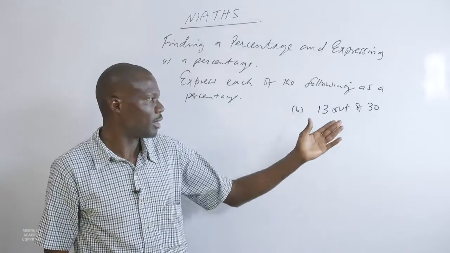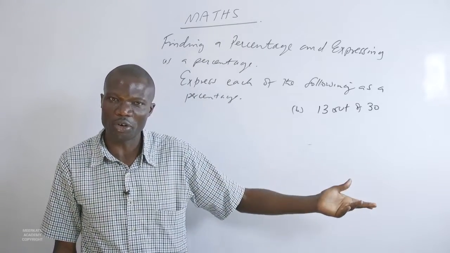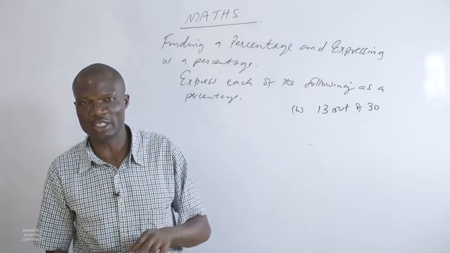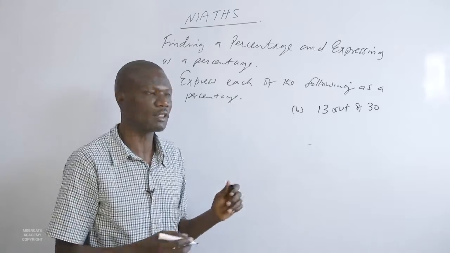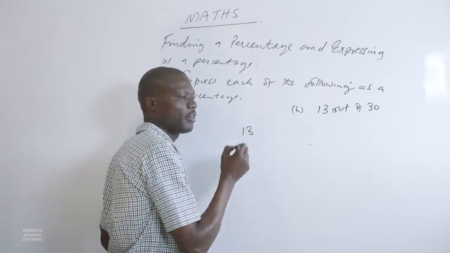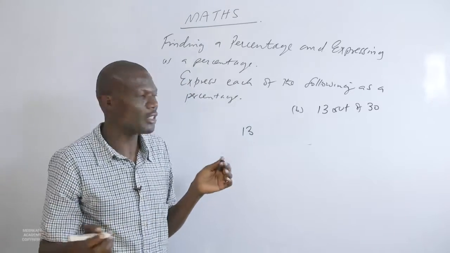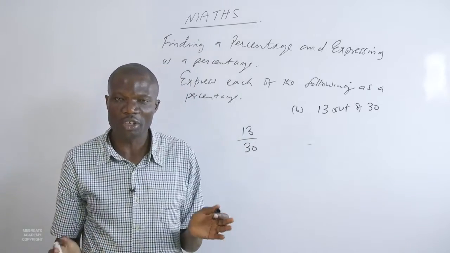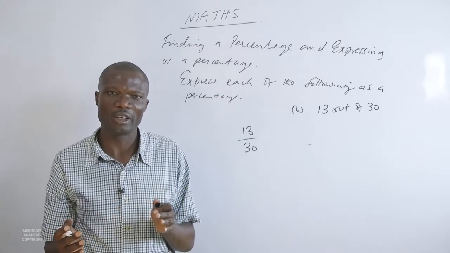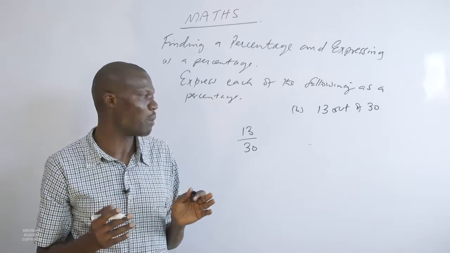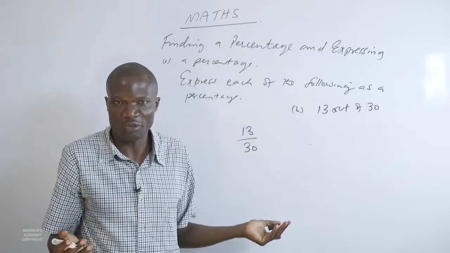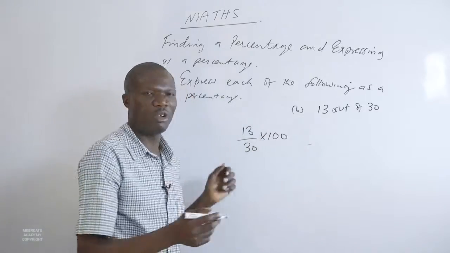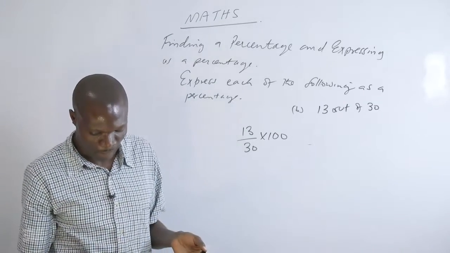For the second part, 13 out of 30. What is the part of the whole? Part of the whole is part of the 30. And part of the 30 is what? 13. So what is our numerator in this case? 13. And the denominator is the whole, which is 30. And then what happens? You will multiply this by 100. That's how to convert a fraction into percentage. So multiply this by 100, simplifying where possible.